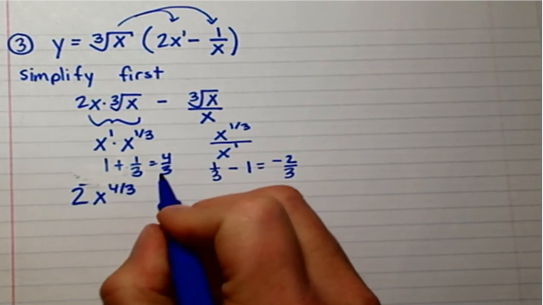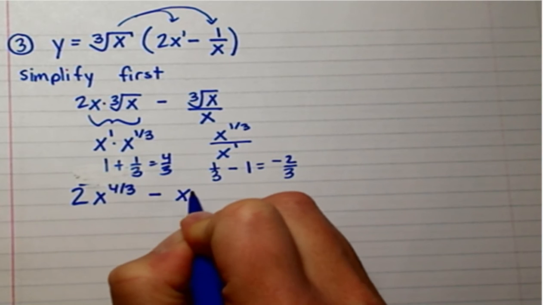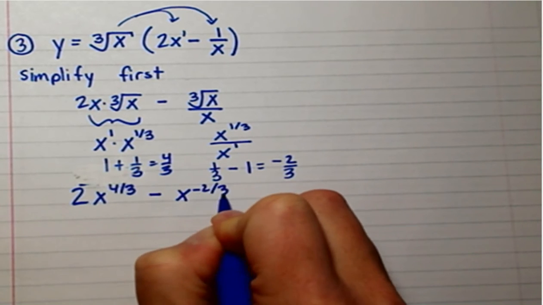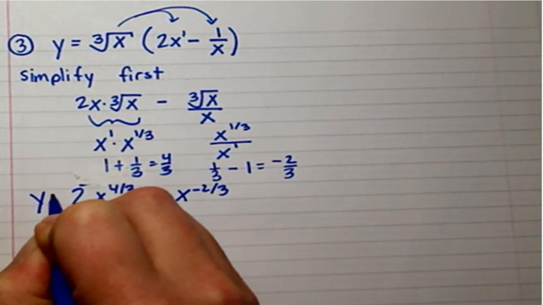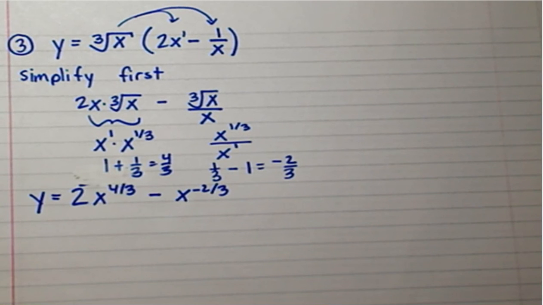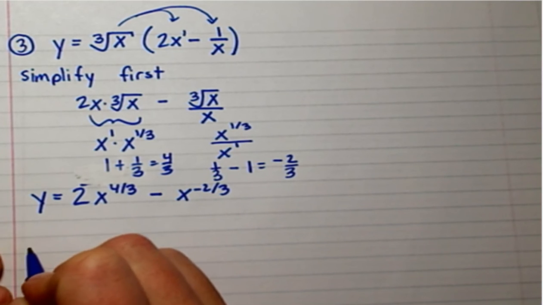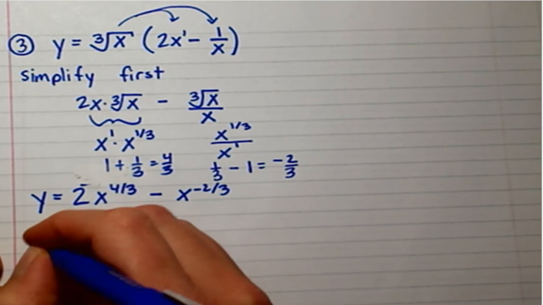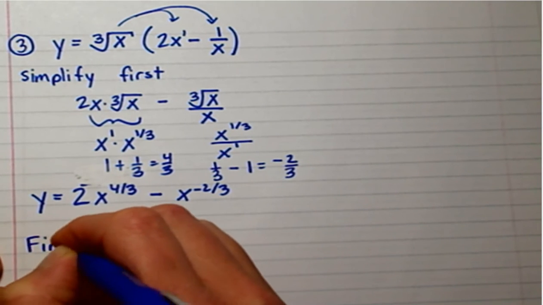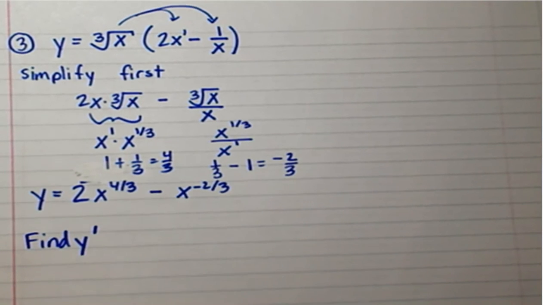Yes. Okay, so we have this, x to the negative 2/3. So right now, all I have is y equals. Find y prime. That's the question. Find y prime.